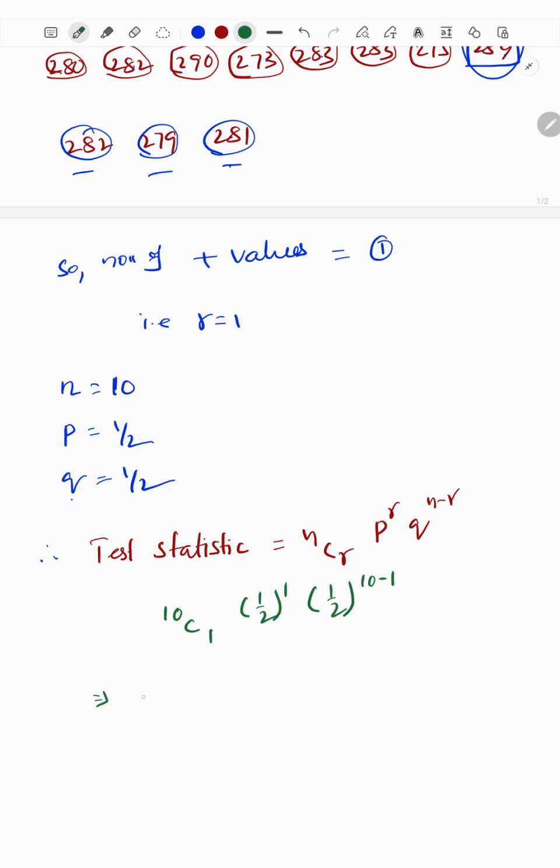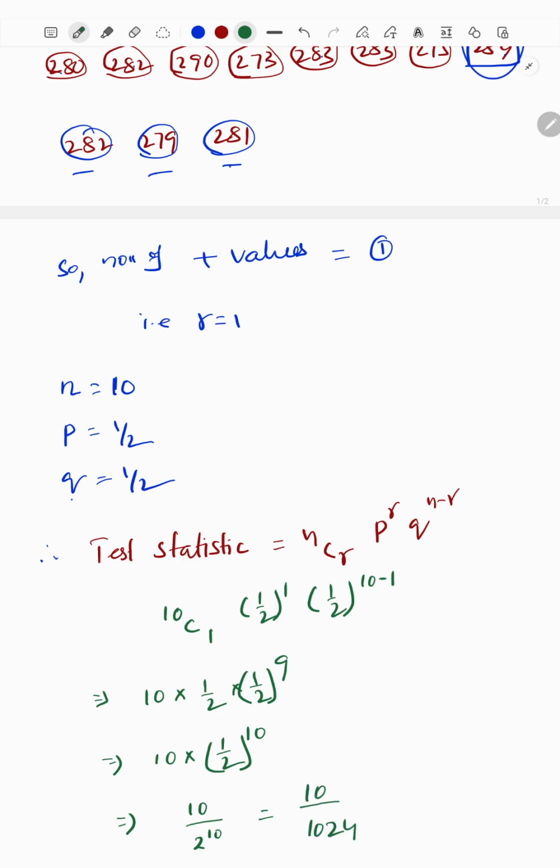So 10C1 means 10 into 1 by 2 into 1 by 2 to the power of 9, which implies 10 into 1 by 2 to the power of 10. This implies 10 divided by 2 to the power of 10. 2 to the power of 10 is nothing but 1024. Now the value becomes 10 divided by 1024.